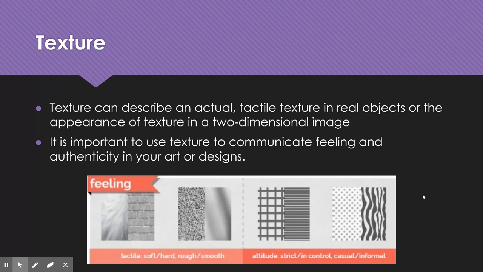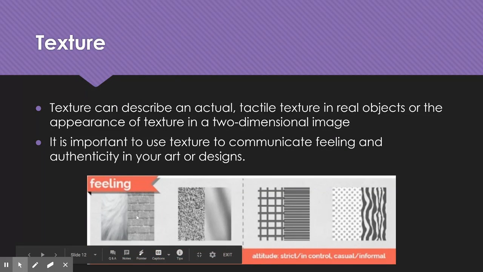Texture is another good one. Texture can describe an actual tactile texture in real objects, or it can be used as an overlay. It can really emphasize certain areas of your design as well. So if you're looking down here, there's different ways to do it.